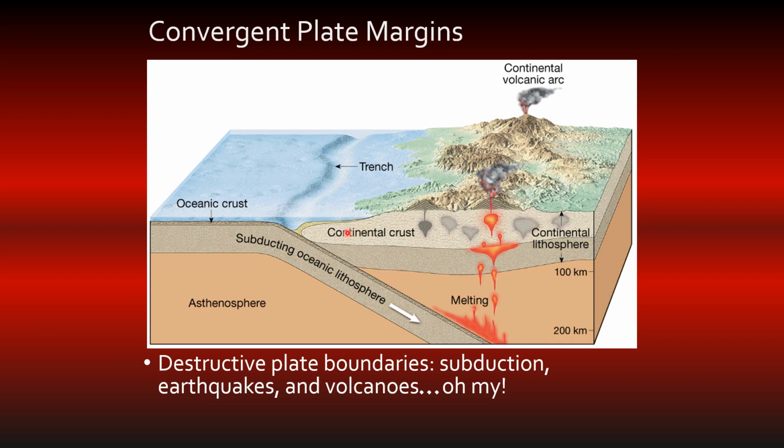Continental crust, remember, is more buoyant, so less dense, and it's thicker, so it wants to float. It does not want to go into the mantle, whereas the oceanic crust, which is thinner, more dense, maybe even colder, you can kind of think of it that way. And it's made of different rock types too, which we'll talk quite a bit about in this class. At that boundary here, this trench, this oceanic crust is sinking down into the mantle below the continental crust.